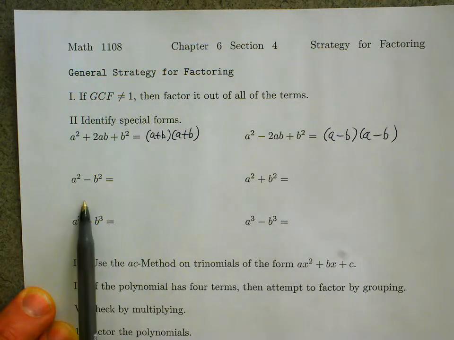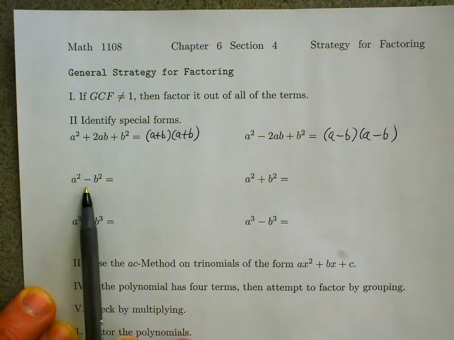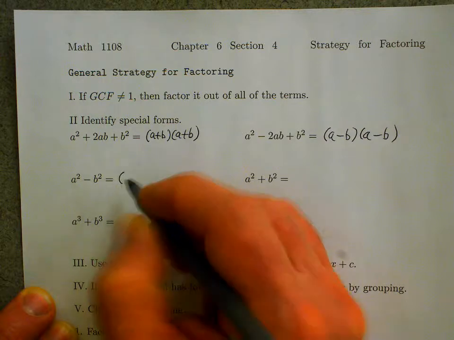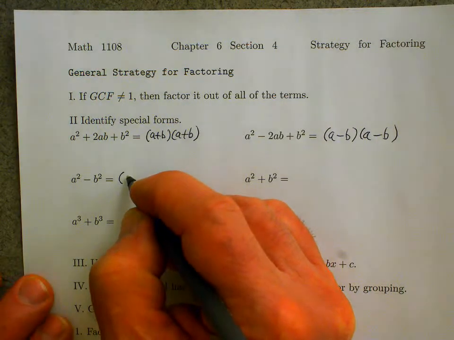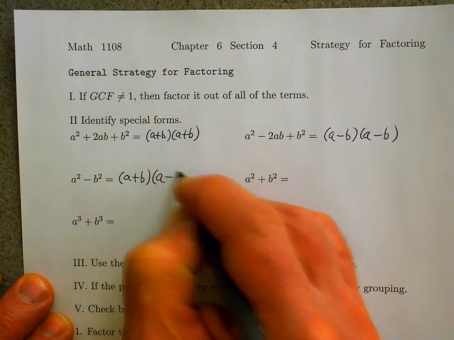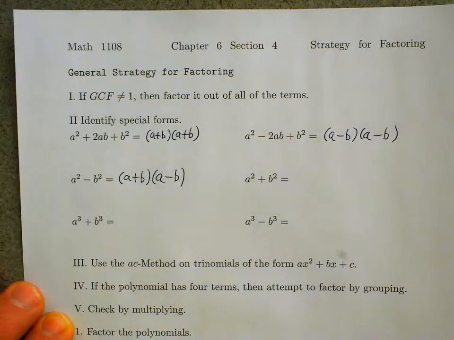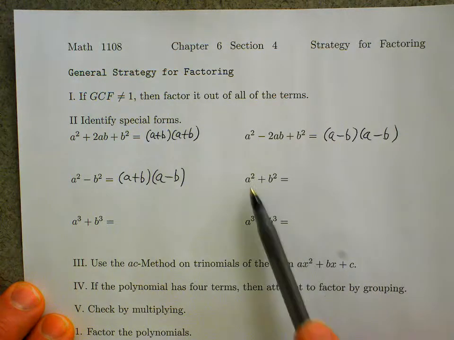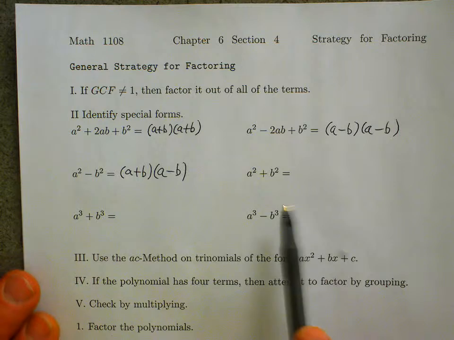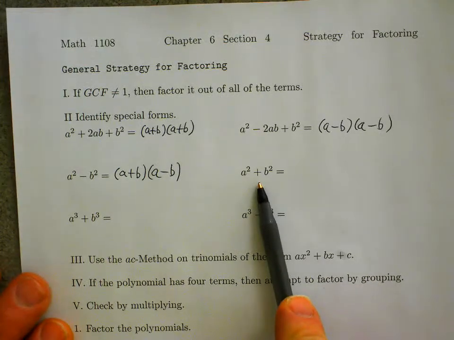Then another special form, a difference of two squares, a squared minus b squared. Its factors are binomial conjugates. So one factor is a plus b, and the other one is a minus b, or vice versa. A squared plus b squared is a sum of squares.